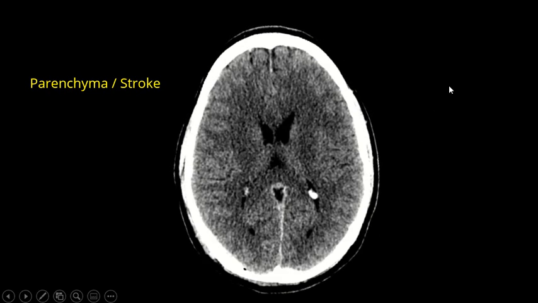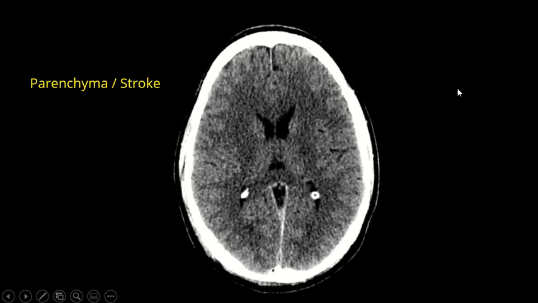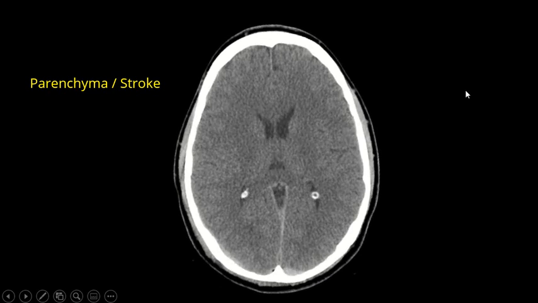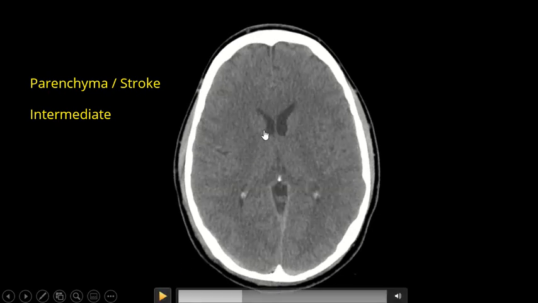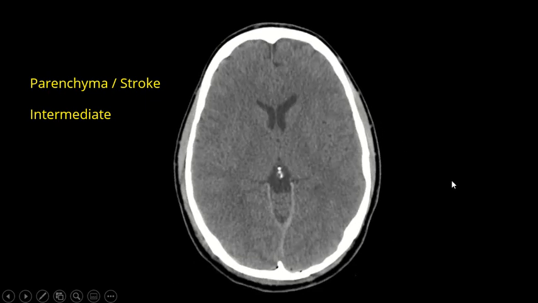I'm scrolling through this stroke window to see what's happening, and then I switch to this intermediate window where I see the gray-white matter differentiation to a slightly lesser extent. However, the margins near the bone are more well-defined and I can see the extraaxial collections very well. I still cannot evaluate the soft tissues very well, definitely not evaluating the bone on this window.